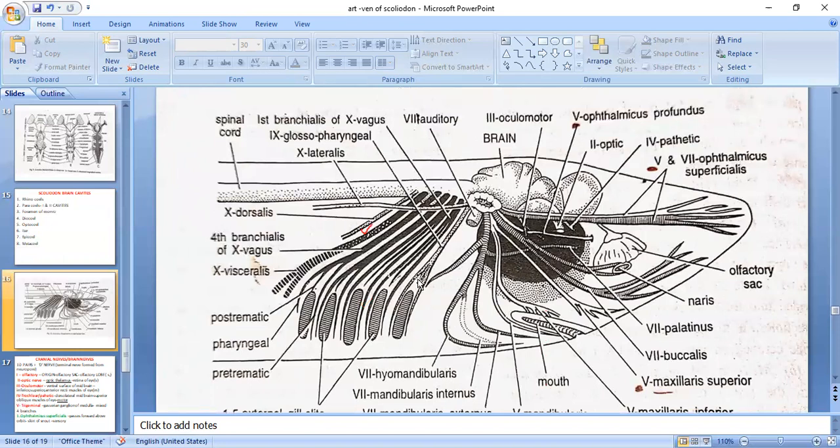The ninth one is glossopharyngeal, which contains three branches: pre-trematic branch, post-trematic branch, and pharyngeal branch. And this whole area is part of the 10th vagus nerve. The vagus nerve is also produced from the medulla oblongata, and it has three branches. One is lateralis, another is visceralis, another is branchialis. Actually, branchialis are four. Each contains again pre-trematic, post-trematic, and pharyngeal.